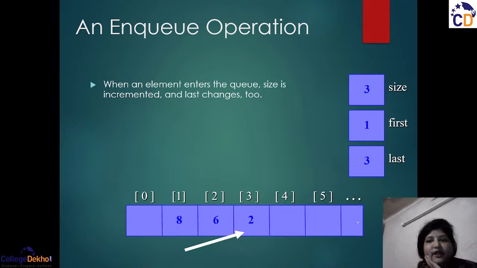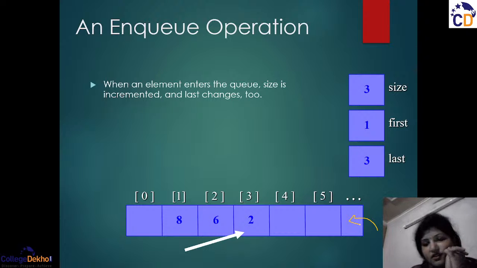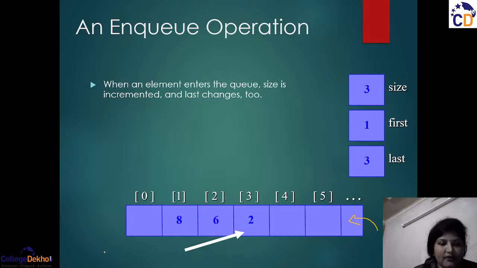After this we have the NQ part. If we want to insert an element into the queue, it is only possible from the rear part of the queue; we insert the elements at the back of the queue. So when an element enters the queue, the size is incremented and the last changes too. You don't have anything in this index because you have done DQ, the pop operation.